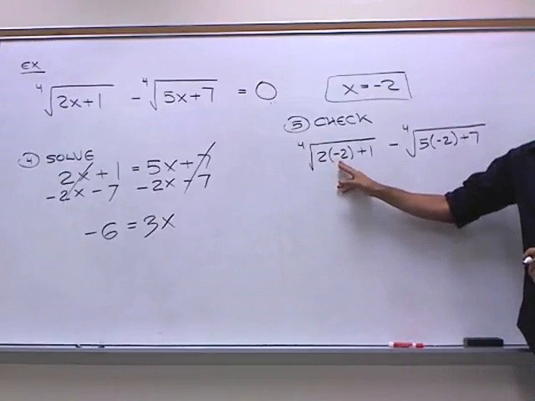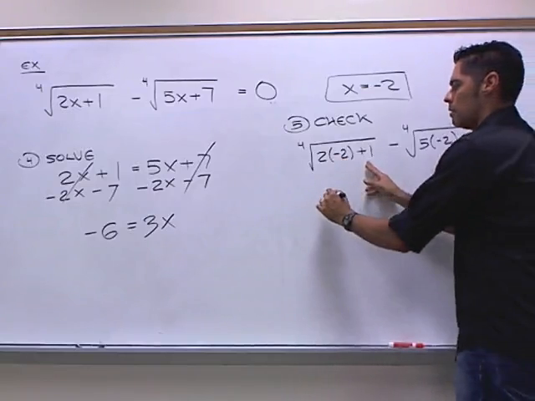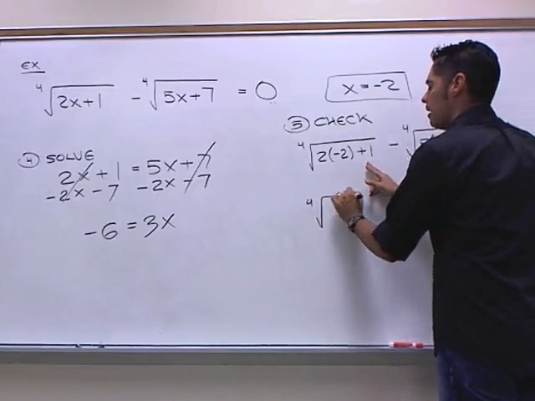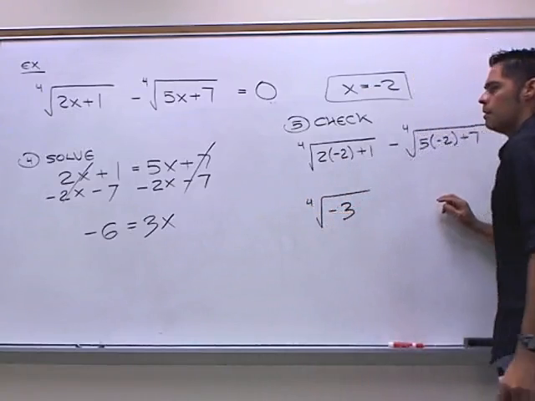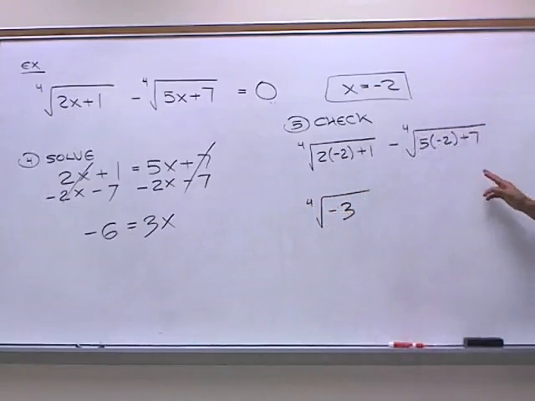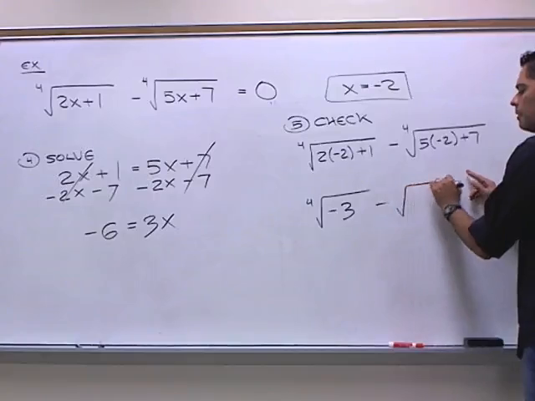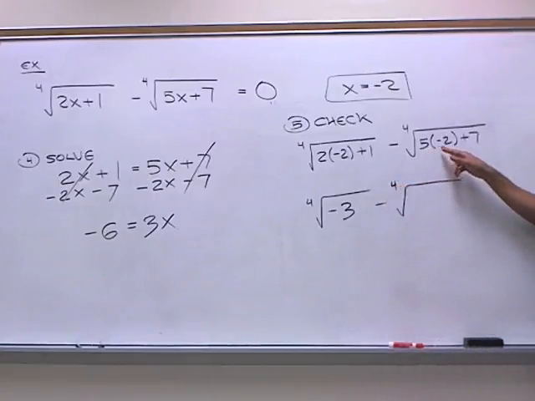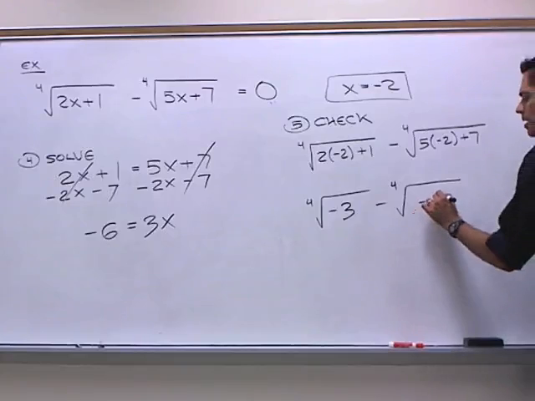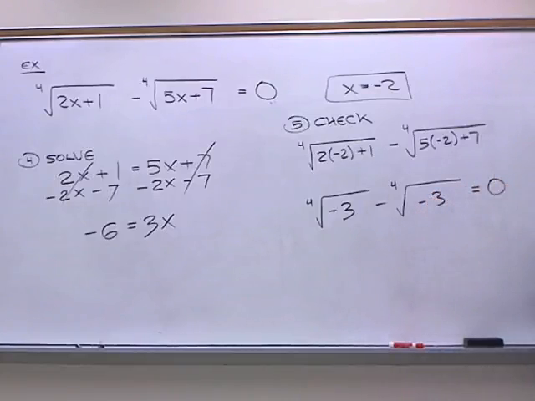Negative 4 plus 1? Careful. Negative 3. Right? And then over here, what do we get? 4th root of negative, this is negative 10, plus 7 is negative 3. Does that equal 0?